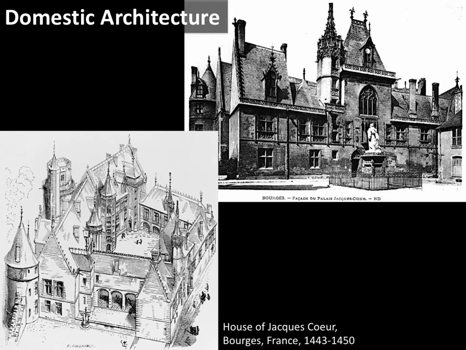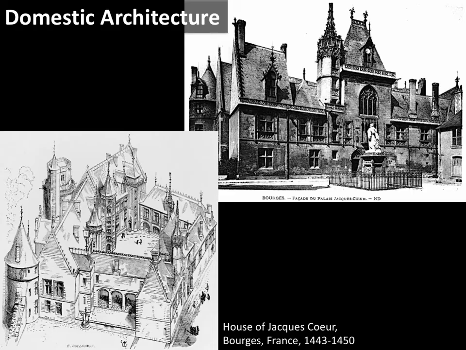This is a French manor house, about the same period, a little bit later, the House of Jacques Coeur. And everything the French do tends to be a little bit more elegant than what the English do. One of the things that makes this building recognizably French is those really, really steep roofs. We're going to see that carry through.